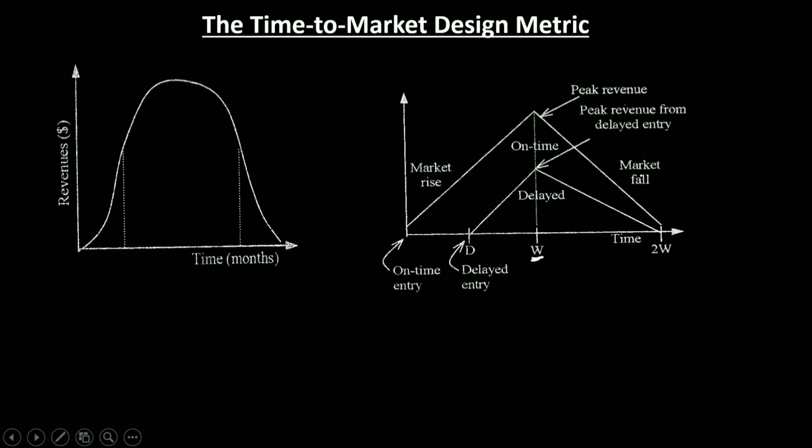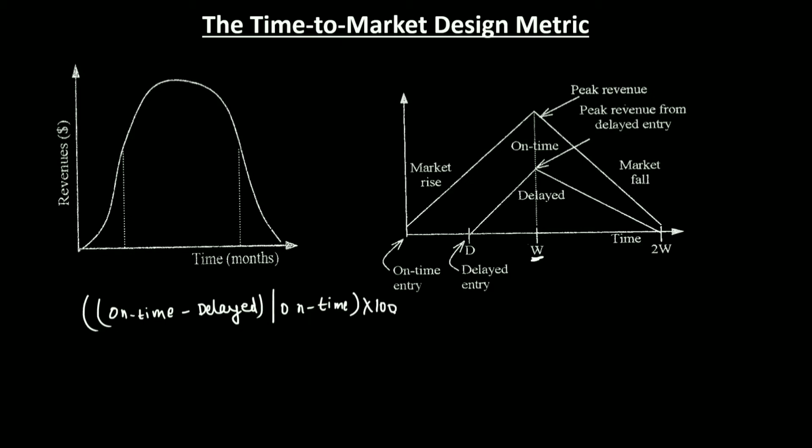Let's derive an equation for percentage loss, which equals on time minus delayed, divided by on time. For percentage we will multiply by 100, and this will be equal to the percentage of revenue loss.